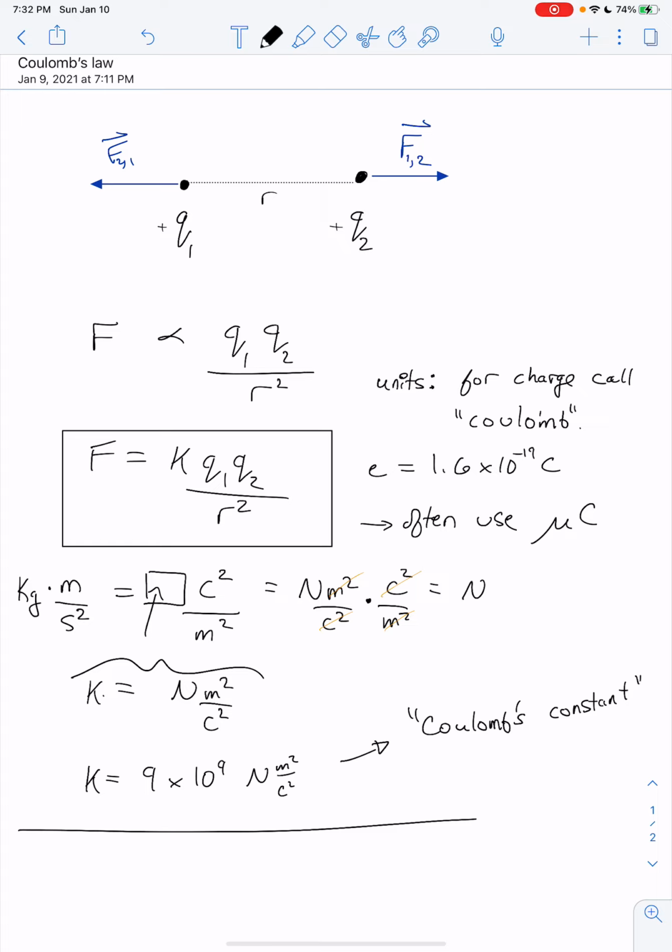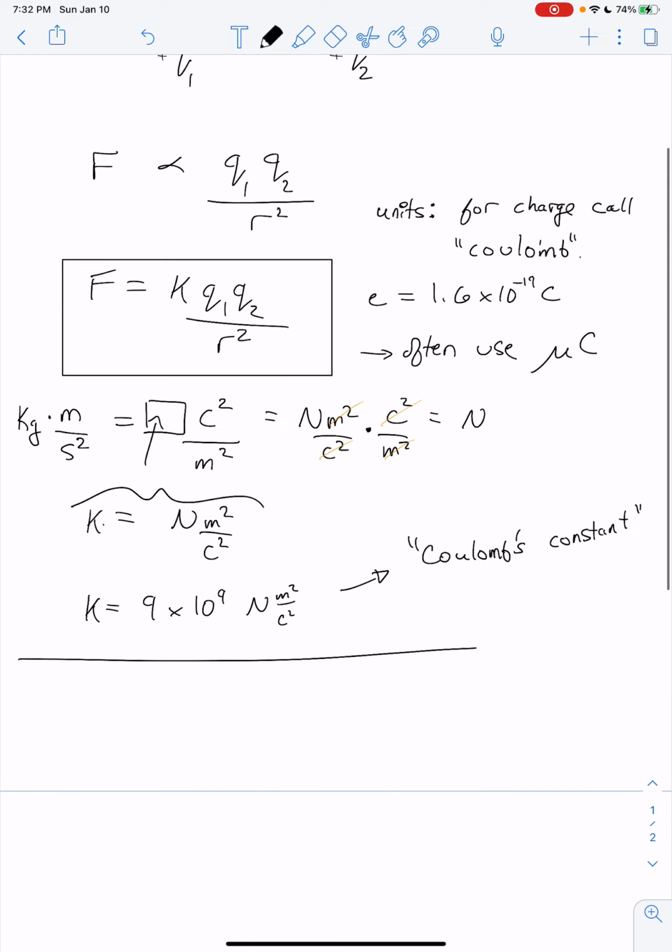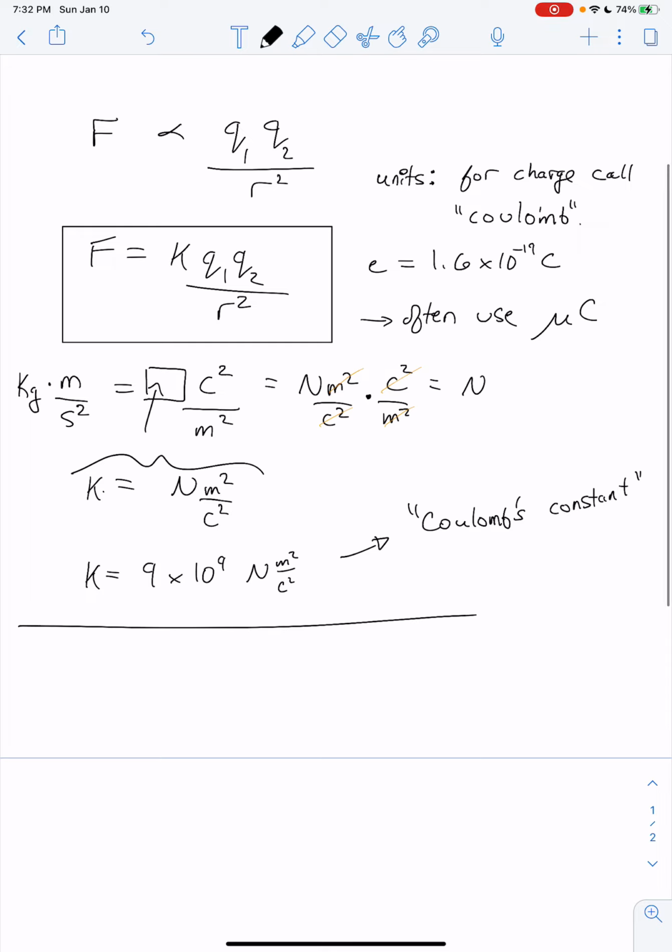Now this constant is actually constructed from something that is arguably more fundamental, which is the permittivity constant, or vacuum permittivity, denoted with epsilon naught. So we can also write this equation, Coulomb's law. I'll label it in a different color. So this is Coulomb's law.